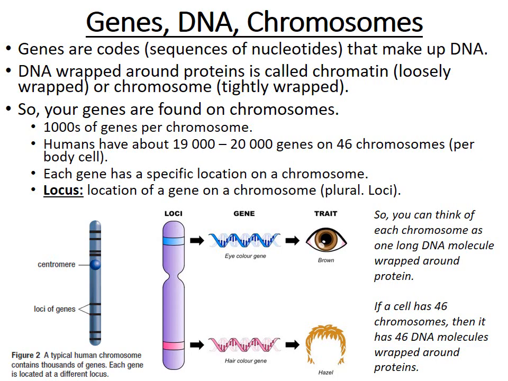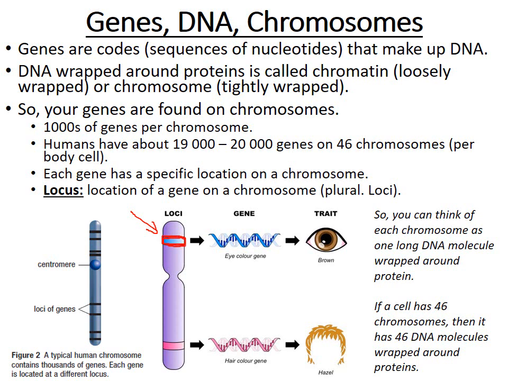So where do genes fit into all this with the chromosomes and DNA? Hopefully now it all fits together. Here we have a chromosome. The chromosome is basically just your DNA wrapped around protein. And this little band here represents a sequence of nucleotides that codes for something important. It represents a gene.